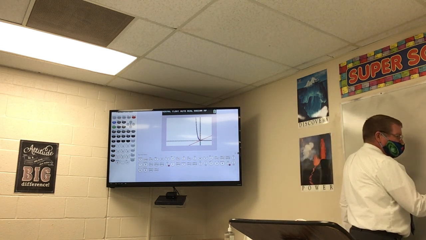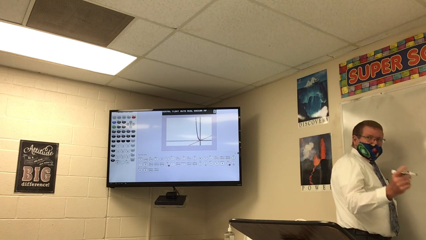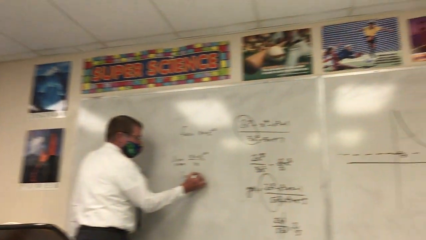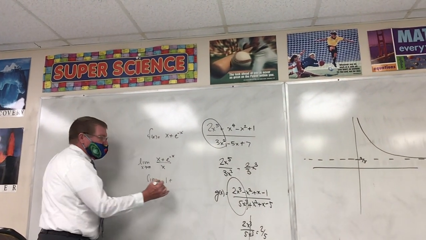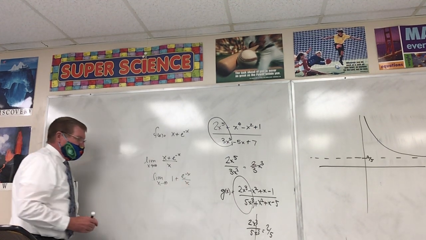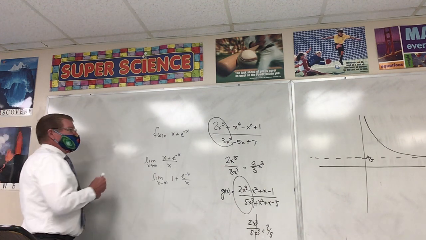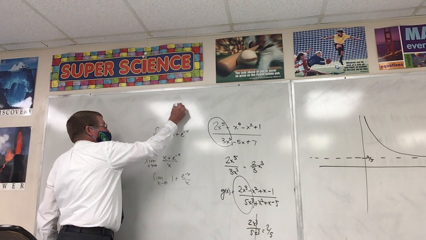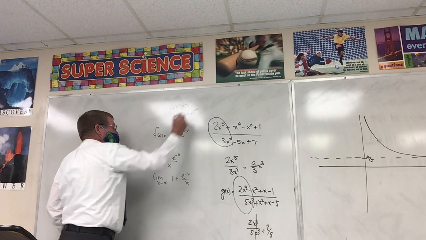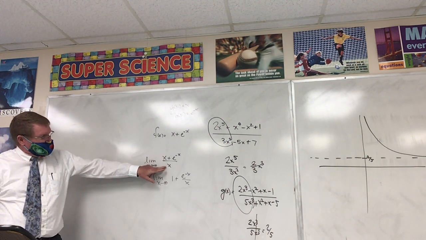Well, let's look at this. We have g of x equals x and h of x equals e to the negative x. All right, so I divide by x. Okay, what do I get?